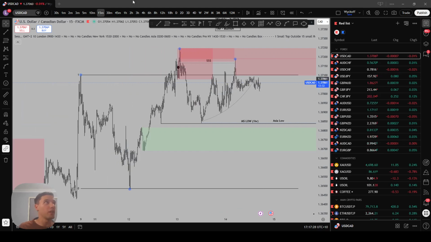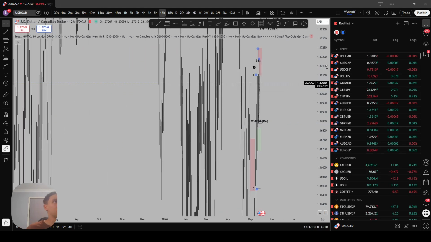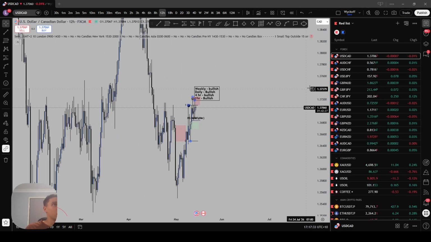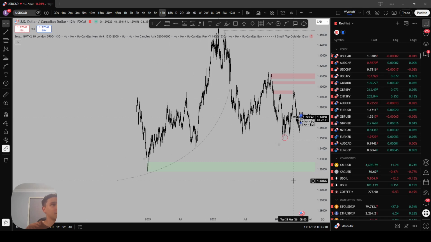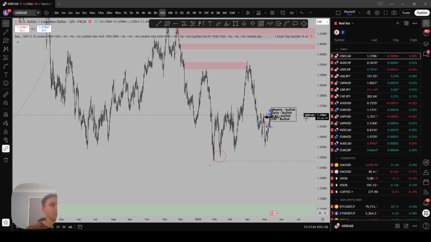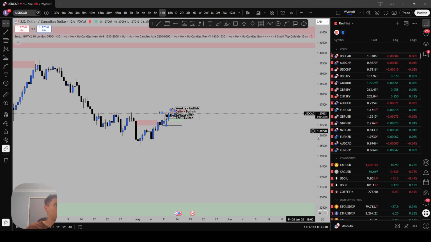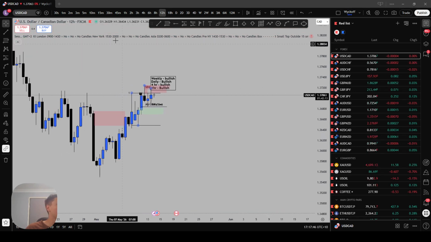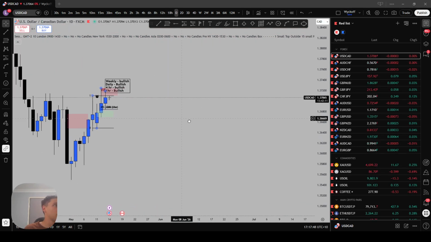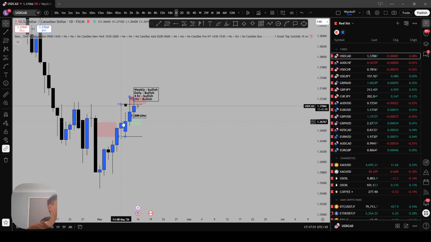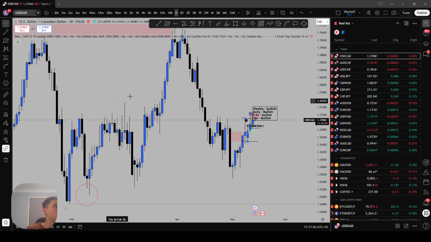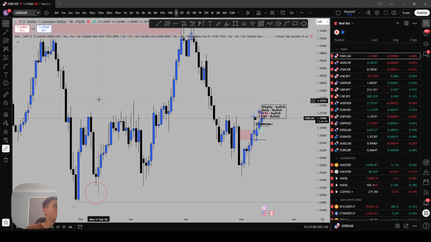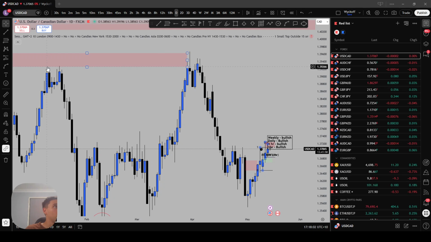I feel like it will fairly soon, but other than that, if you look at the high time frame, like on the daily here, technically speaking, sorry, on the daily we are bullish.